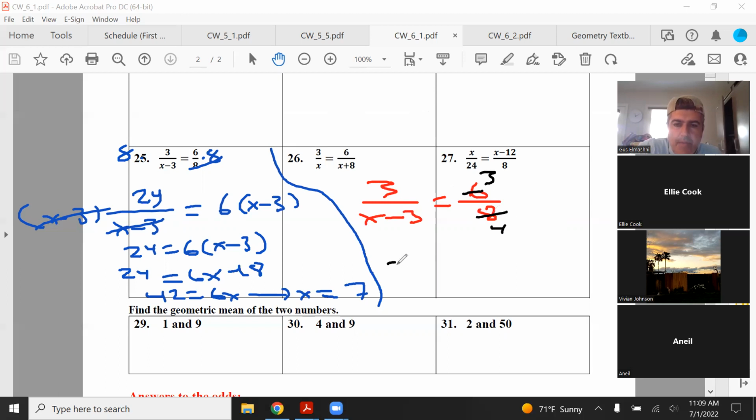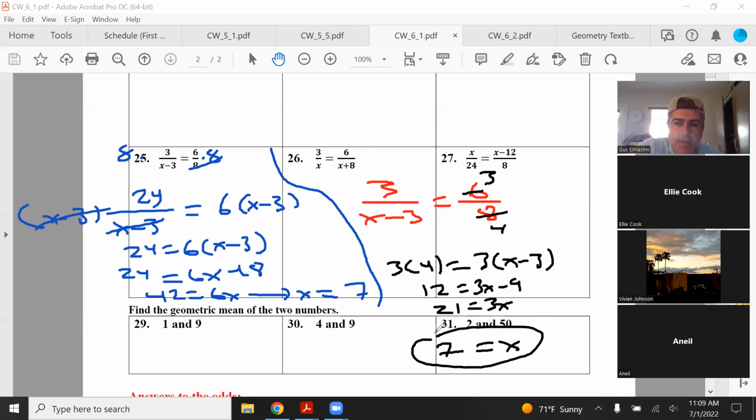So now if I cross multiply, I have 3 times 4 equals 3 times x minus 3. See how it's just much cleaner that way? You get 12 equals 3x minus 9. 21 equals 3x. X is 7. So it's a little cleaner process if you can simplify one of the fractions beforehand.